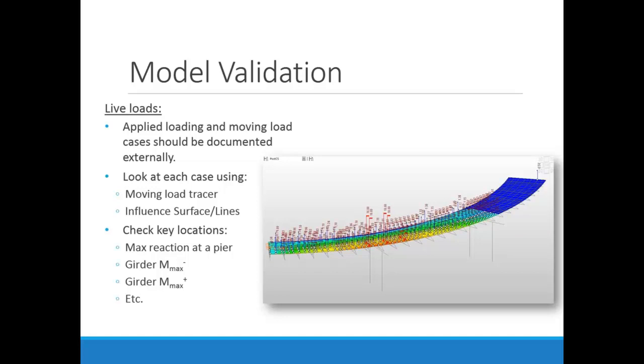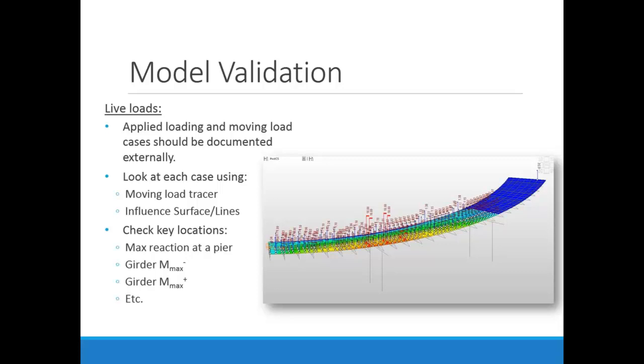This is a very useful tool to tell that the point loads are moving to where you think they'll go. The other thing is you can look at your influence surfaces and influence lines to see where the largest contribution is for whatever location you're looking at for the force.